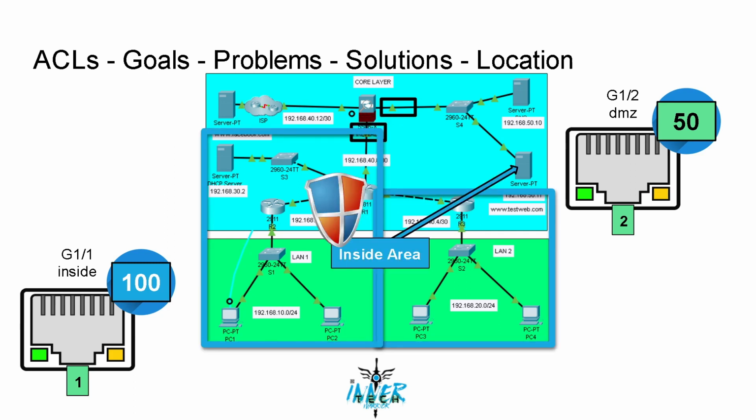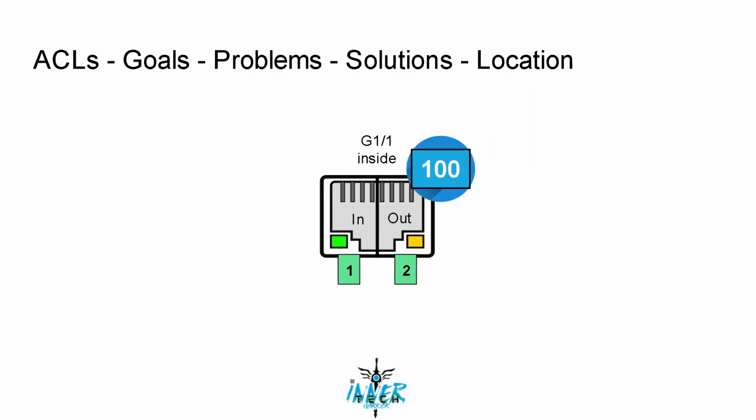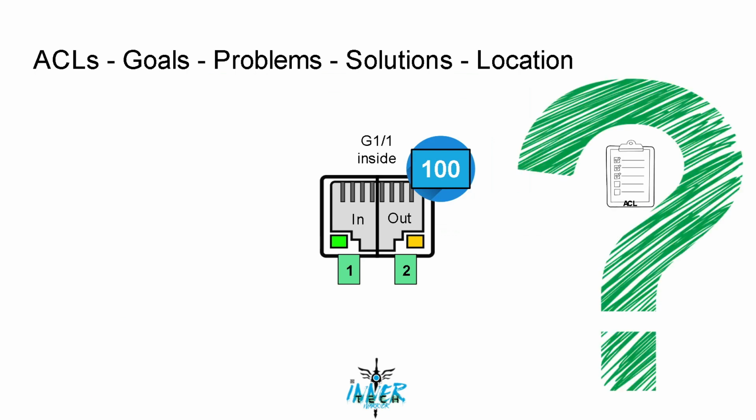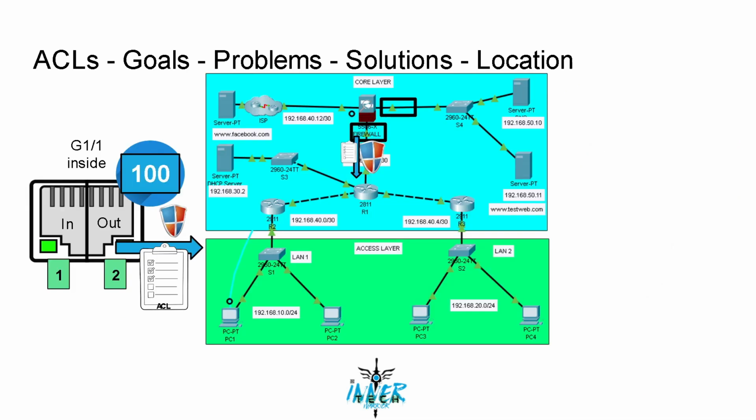We created it to allow the inside network to access testweb.com, and we want the inside network to be the most protected. So let's choose the inside interface. But in which direction? We want it closer to the inside network we're protecting, so we'll choose outbound.